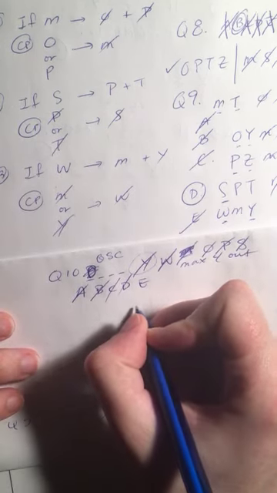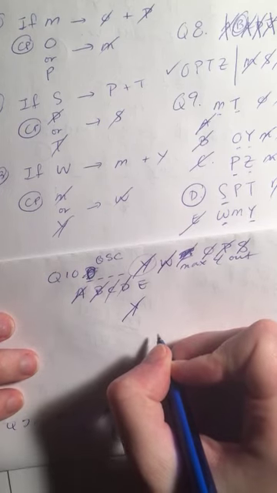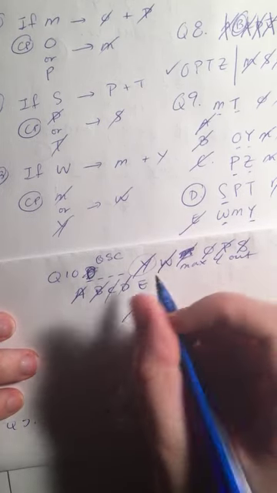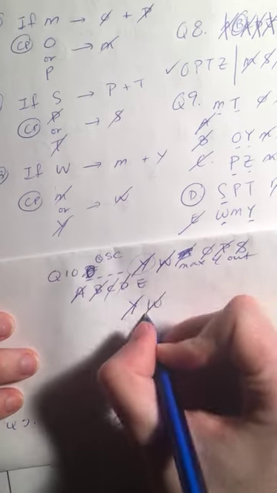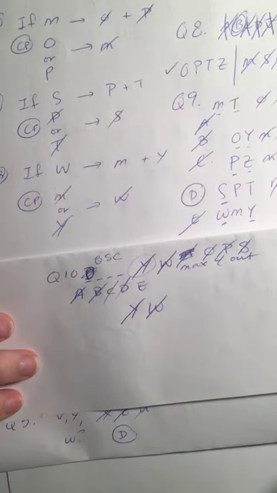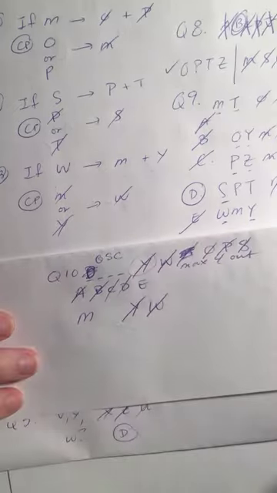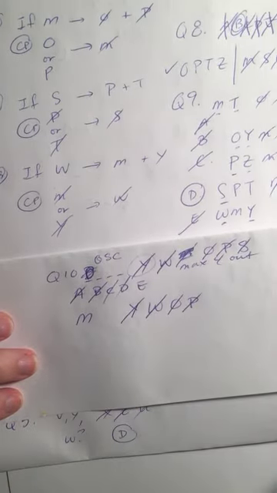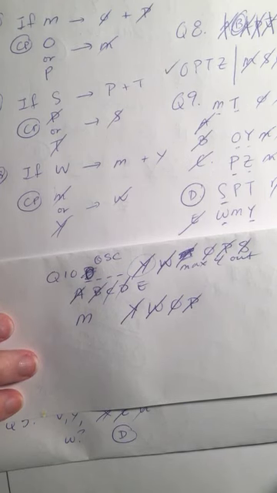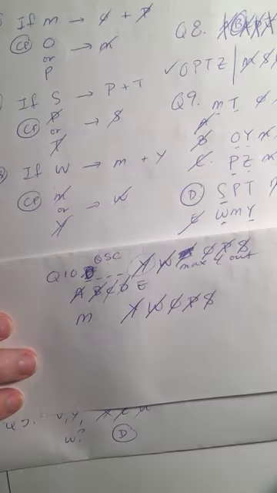So we're told in the question-specific condition that Y isn't on the team. We know from the contrapositive of Rule 3 that means that W is not on the team. All right, now we're trying to test to see if it's possible that M could be on the team in this scenario. If M is on the team, then O is out and P is out. O being out doesn't trigger anything, but P being out triggers the contrapositive of Rule 2, and that puts S out as well.